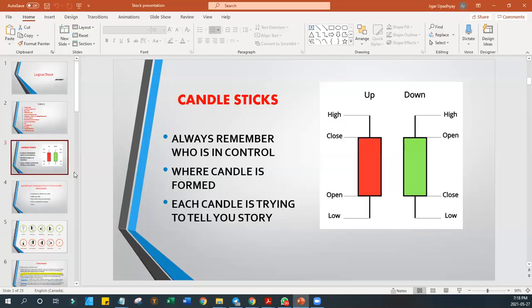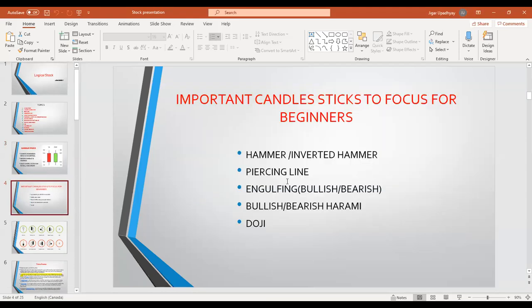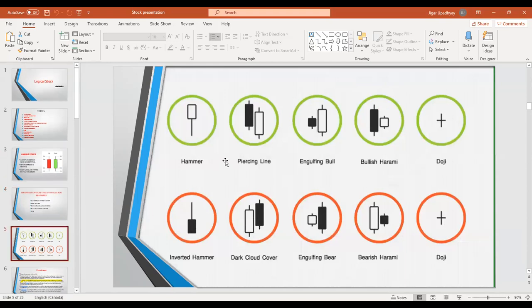Okay, so now there are different kinds of names: the hammer or the inverted hammer, piercing, engulfing, bullish or bearish Harami, or the doji, and those are the pictures for the candle. Okay. Here, this is hammer, this is piercing, this is engulfing, this is bullish Harami, and this is doji.